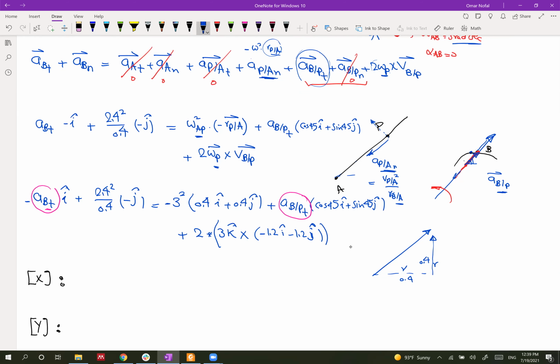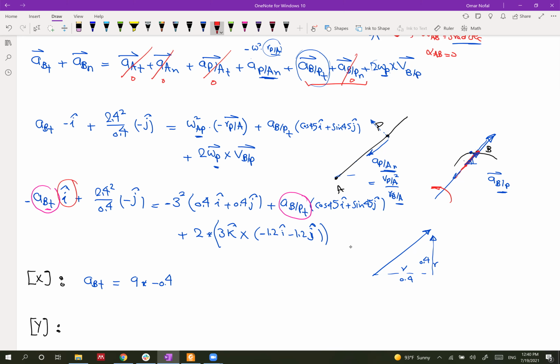And you will get that AB tangent will be equal to 9 multiplied by negative 0.4 after you sum all the I hat direction.